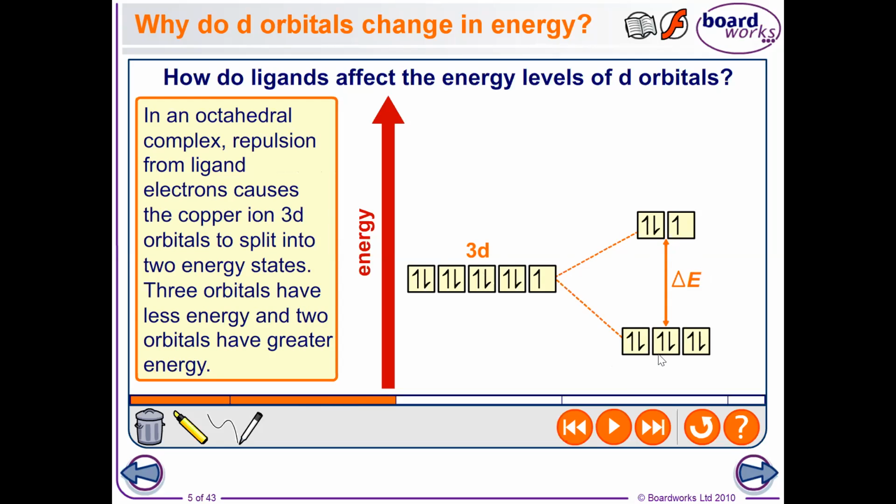Two energy states. Three orbitals, 1, 2, 3, have less energy, while these 1 and 2 orbitals have greater energy. So there is a difference in energy.